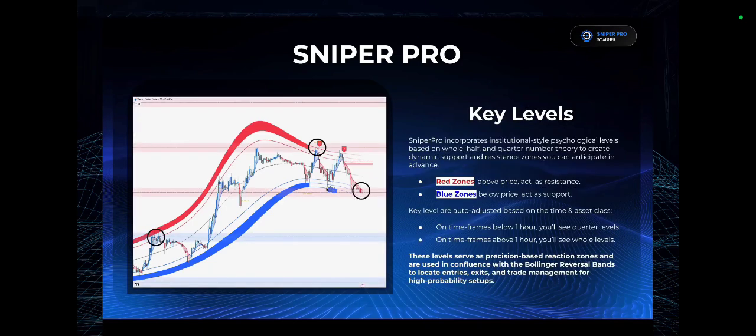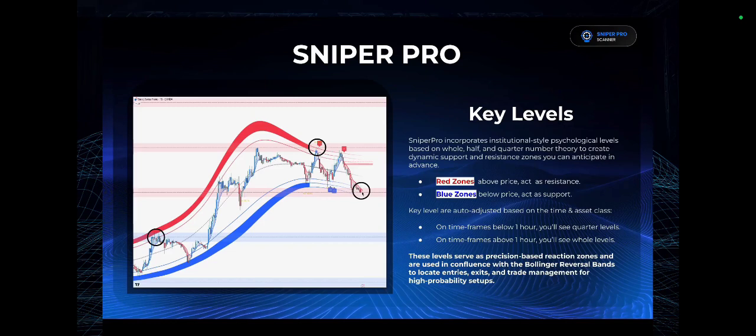Now, the next key element of the Sniper Pro are the key levels. So you're going to have psychological key levels built into Sniper Pro. Alrighty, so they will be divided and they will also be highlighted. If price is above the key level, the zone will be blue, so it visually looks like a support.